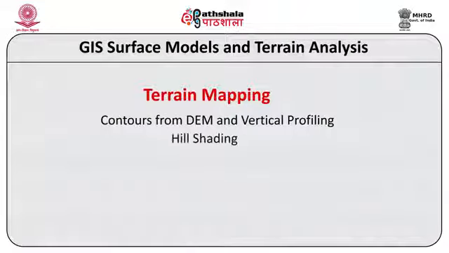The third feature which is important in terrain mapping is hill shading. Now, how does hill shading help us? It's a kind of 3D visualization of your raster data, as I showed you in the first figure, but with hill shading you are actually able to see which side is illuminated on the basis of the sun angle and the azimuth direction.